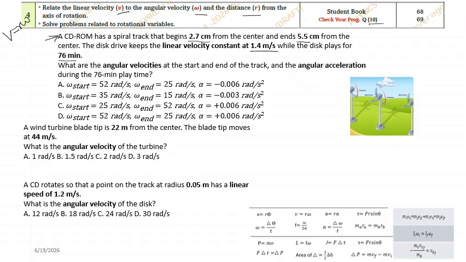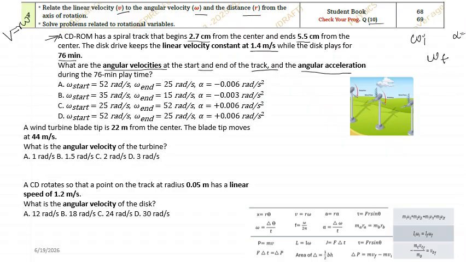What are the angular velocities? You need to calculate the angular velocity at the start and end of the track, and the angular acceleration. So all three quantities you need to calculate: initial angular velocity, final angular velocity, and alpha.